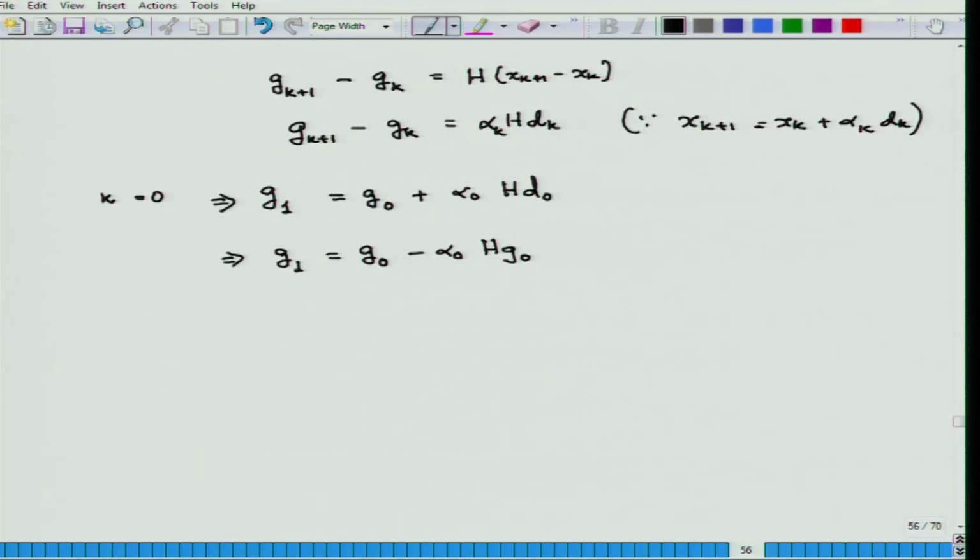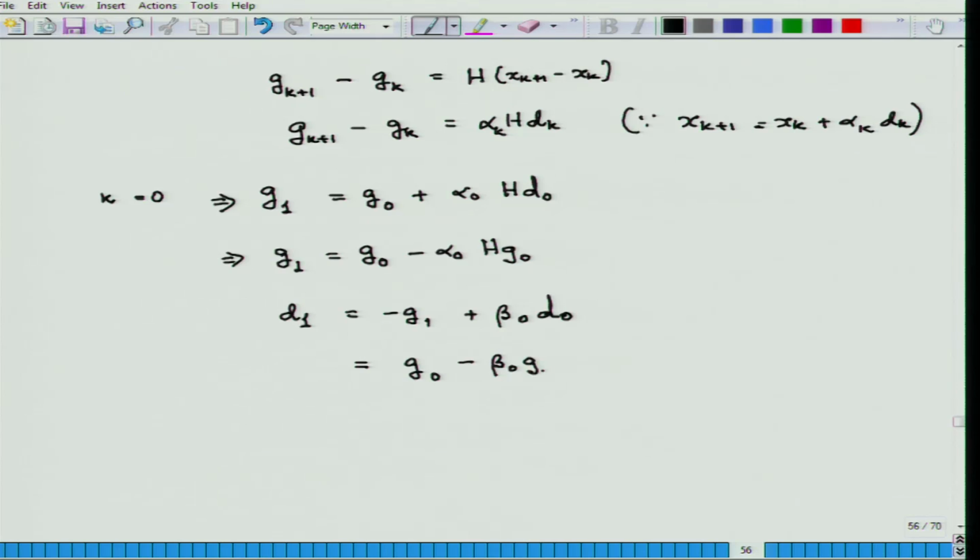Once you have this, I can keep on doing the stuff. Now, if I look at d 1, the direction 1, it is minus g 1 plus beta naught d naught, where d naught is again minus g 0. Now g 1 can be written as g 0 minus alpha naught h g 0, and d 0 can be written as minus g 0.